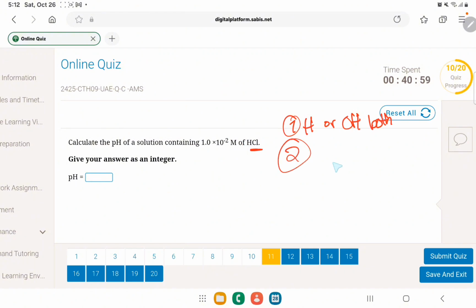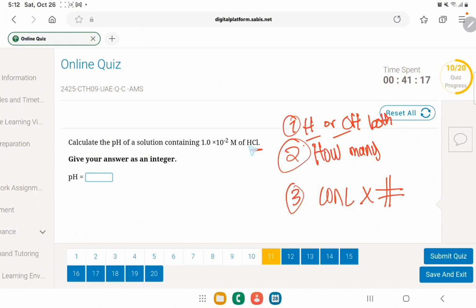And then the second thing, we're gonna check how many H's or OH's are there. And then the third thing we're gonna do is multiply the concentration that they gave us by the number of H's or OH's, okay? So again, first thing, we can see that there's an H, okay? And how many H's are there? Is there a 2 or a 5 anywhere?